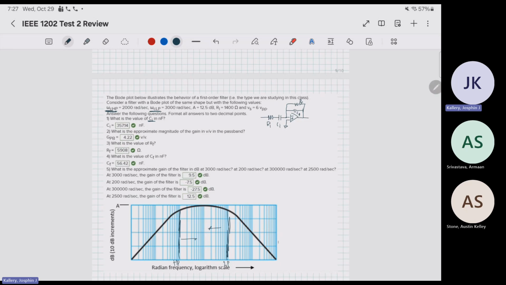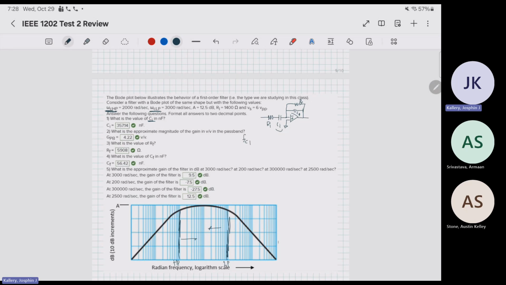We want to find the value of CI. CI is before the junction node, which means it's part of the high pass filter. So when we say our frequency cutoff, this is going to be high pass instead of low pass. So we're going to use 2000 instead of 3000 for our formula, because that trips people up a lot of the time.